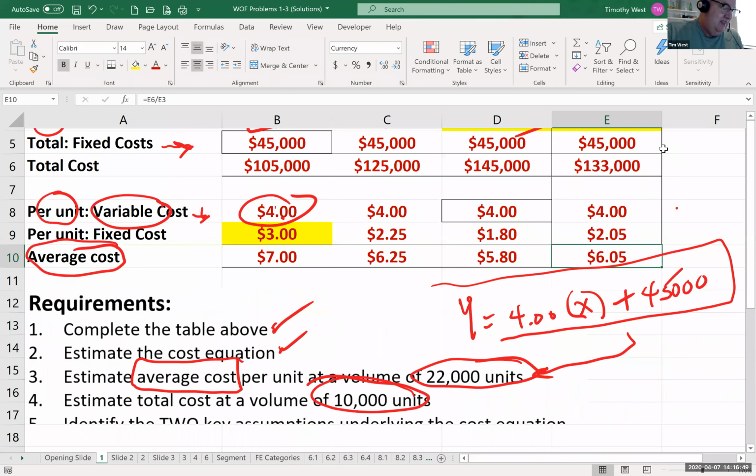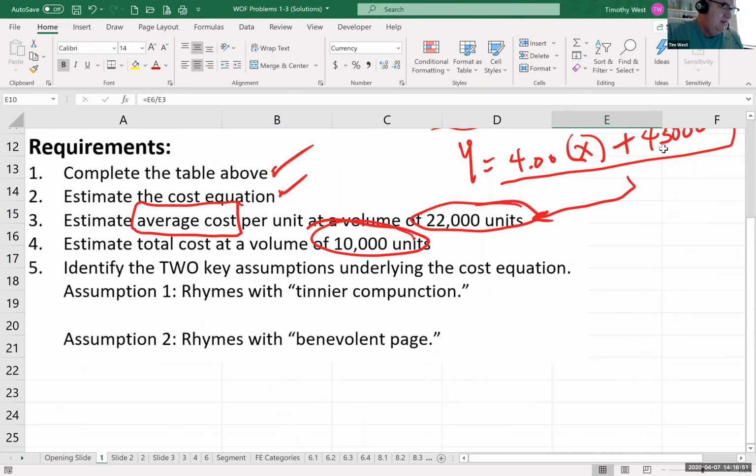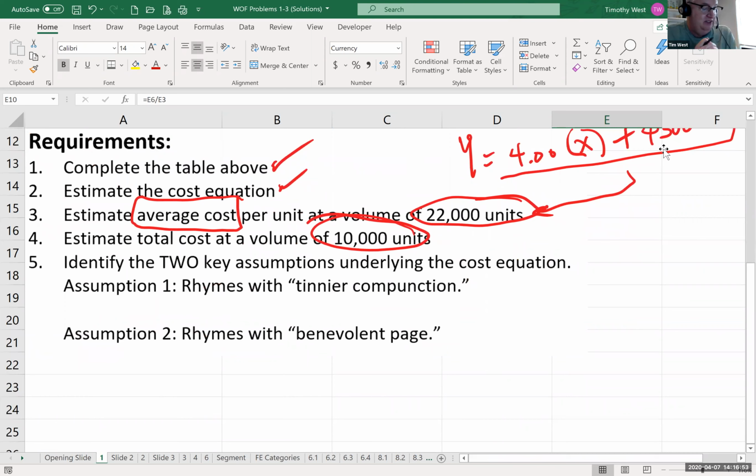At that point, we come back to Grace. I want to make sure we can identify the 2 key assumptions underneath this. Grace, you may not remember these, but I gave you some hints. The first assumption rhymes with linear compunction. What do you think that one is? Is it linear function?